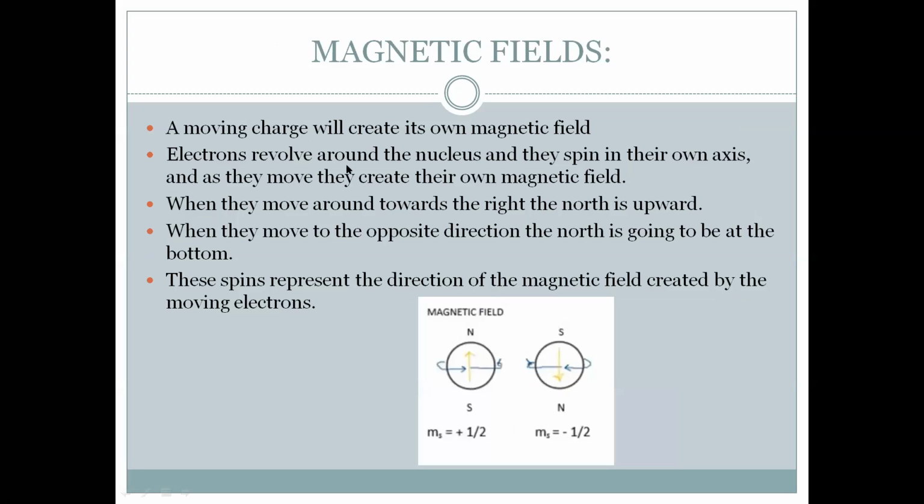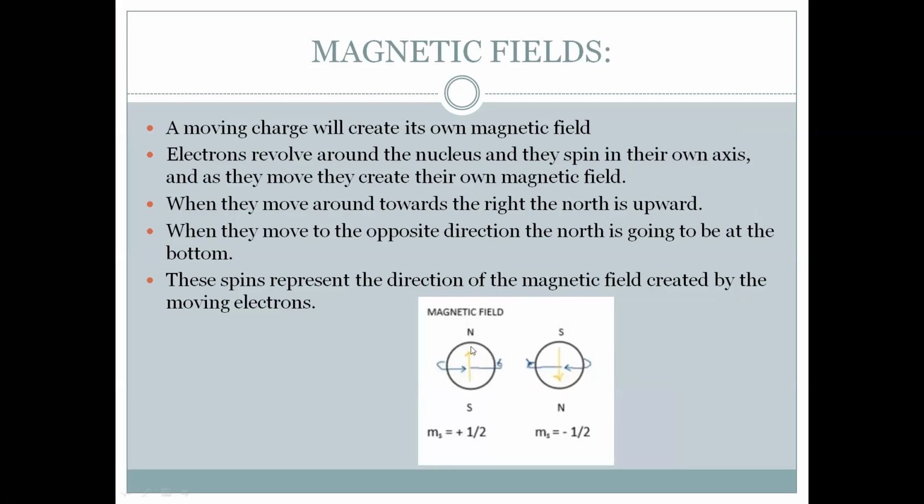Okay, so a moving charge will create its own magnetic field, meaning that charge must be in motion, not stationary. Okay, and as you can see here from the picture, this circle here represents the nucleus of the atom, and these blue arrows represent the electrons revolving around the nucleus.